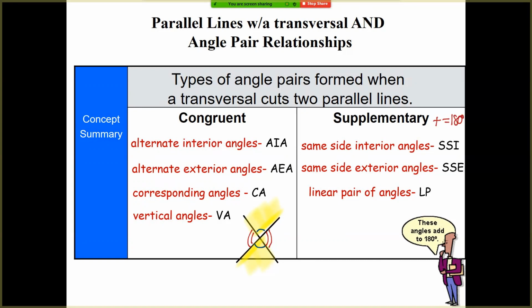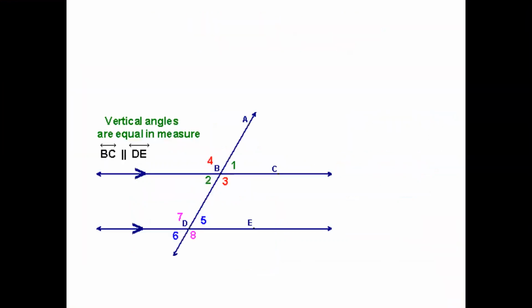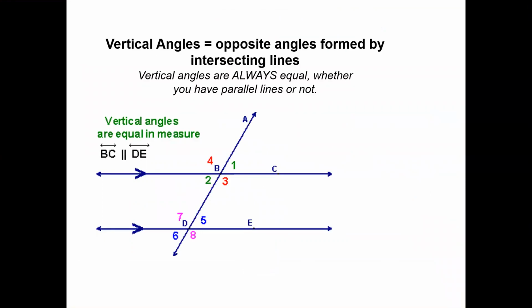If they're same side interior, same side exterior, or a linear pair, it'll always be 180. So here, vertical angles are opposite angles formed by intersecting lines. They're always equal, whether we have parallel lines or not.